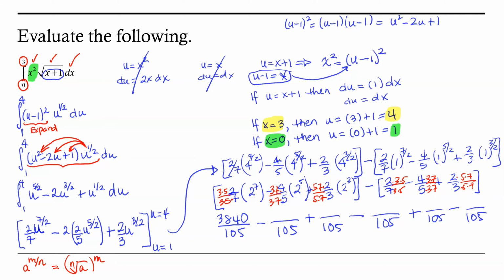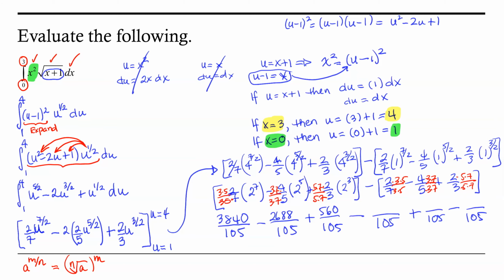I can't forget that 4 times 4. And that's going to be 2,688. My next numerator is 5 times 7 times 2 times 2 to the 3rd, which is 560.